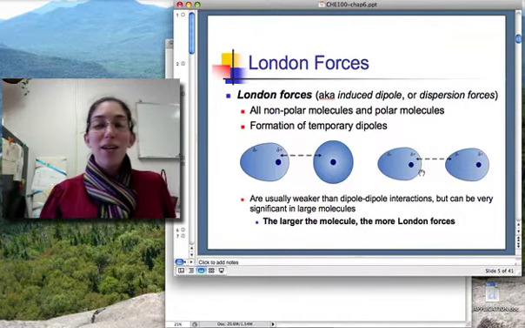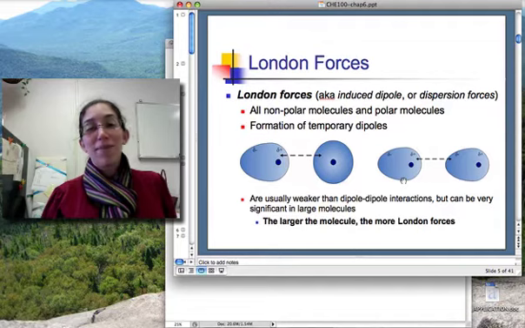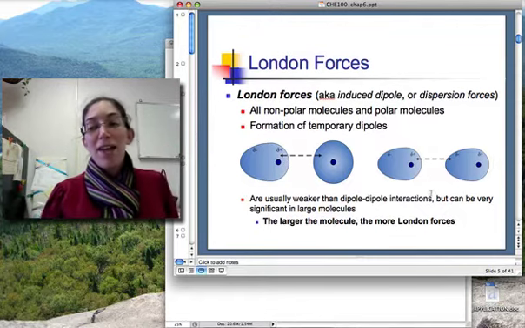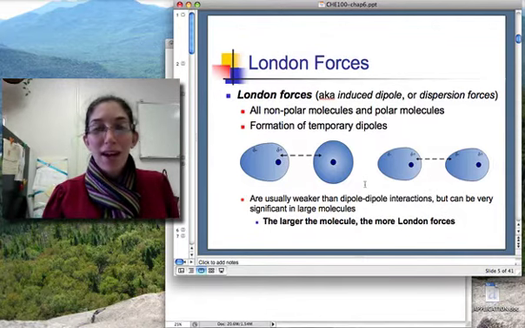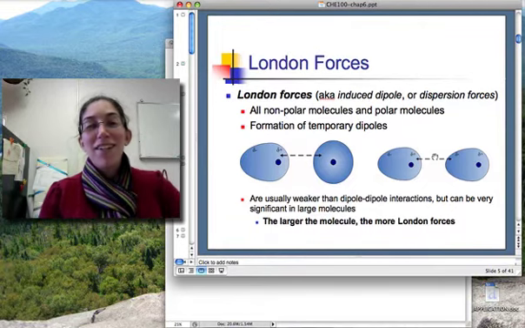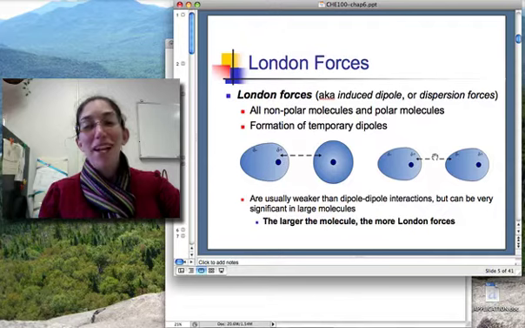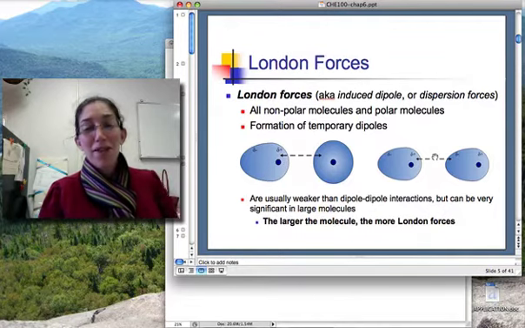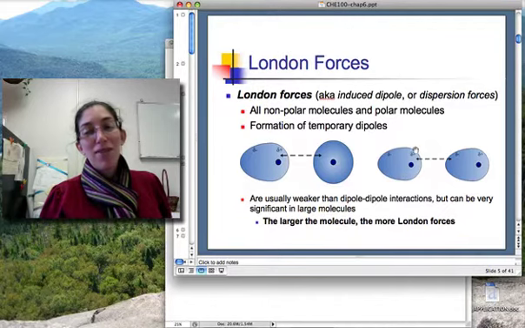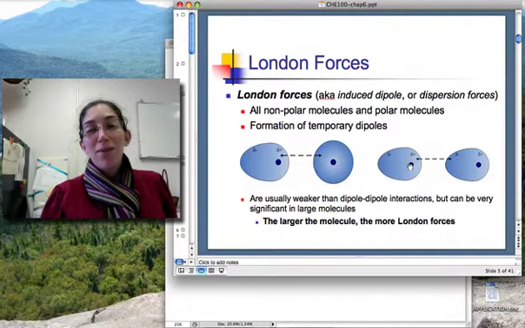So this is happening all the time in all molecules all around us. The electrons are shifting, and this happens for a split second, at different times. I don't know how often it happens, but it happens. So every single molecule has this happen. Even if the molecule is polar, the individual atoms in the molecule will be engaging in this kind of behavior.